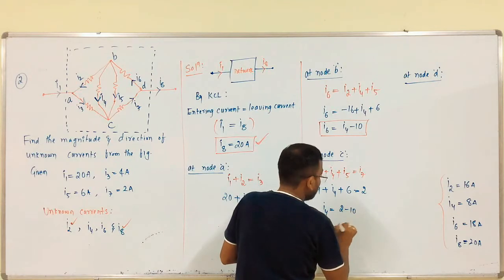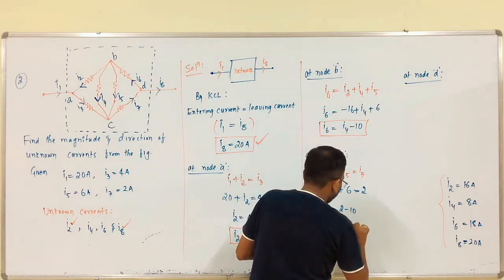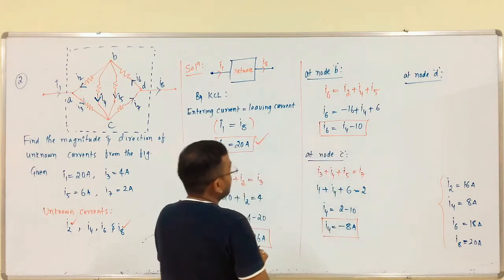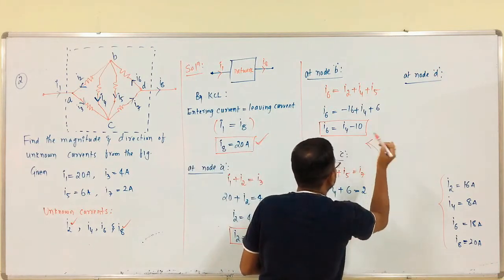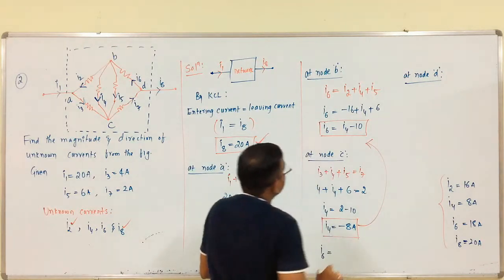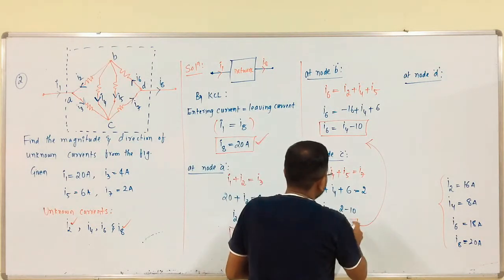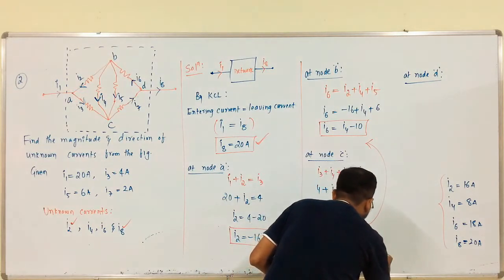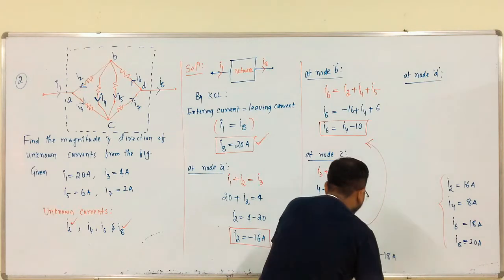So, I4 is equal to minus 8 amps. Substituting this I4 value, we get I6 equal to minus 8 minus 10, which is minus 18 amps.